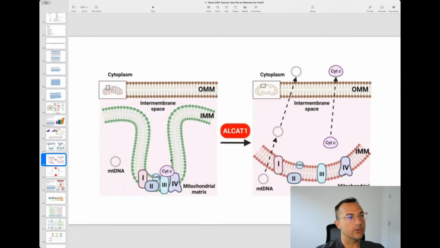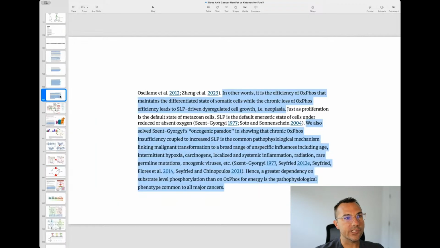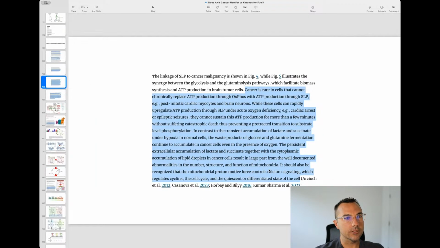I don't have one that's fantastic, but the bottom line is when you lose the proton motive force, basically when you lose the ability to concentrate protons or hydrogen ions in the inner mitochondrial membrane space, and that proton gradient is what leads to the making of ATP through the ATPase, you lose control of some very important things, one of which is calcium signaling, and that regulates the cell cycle.